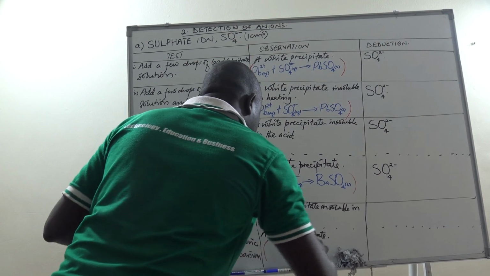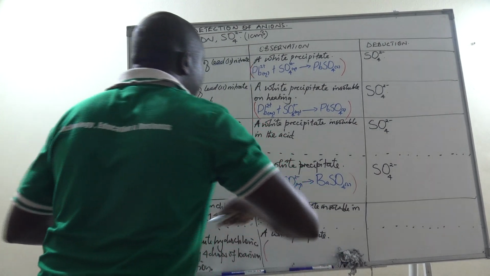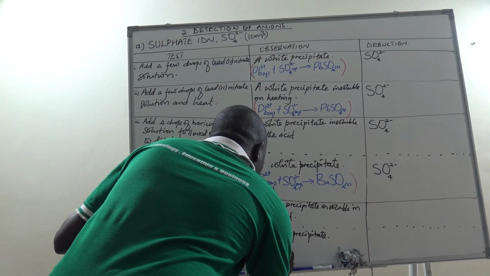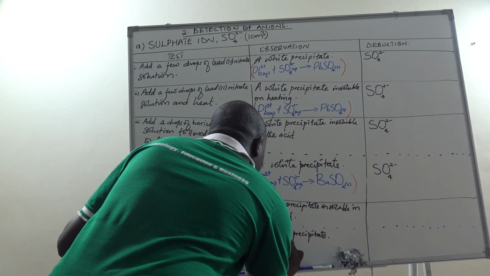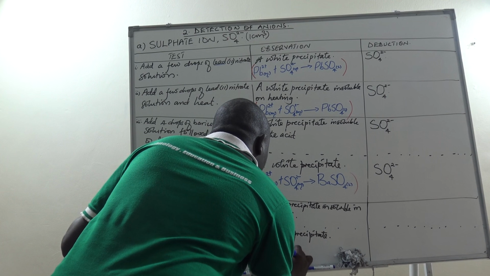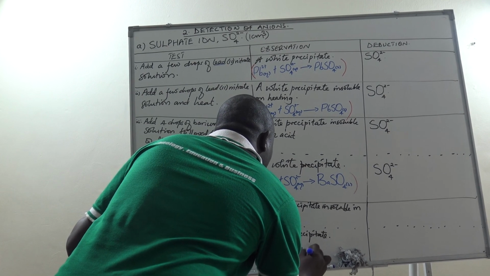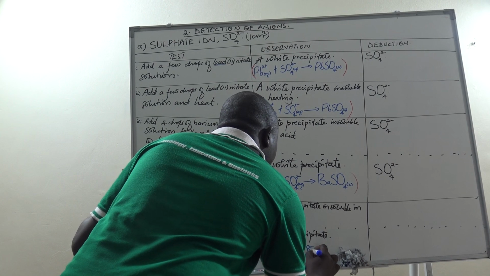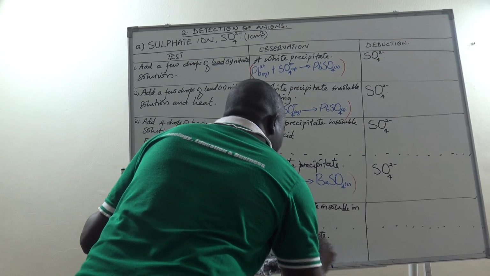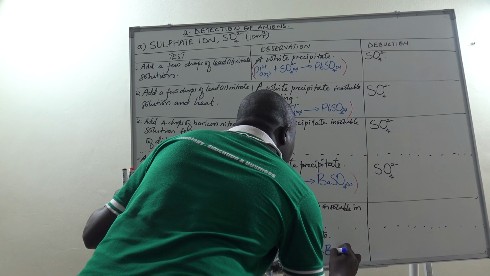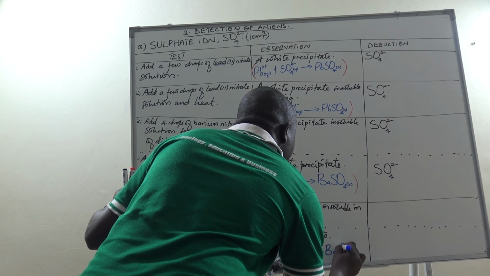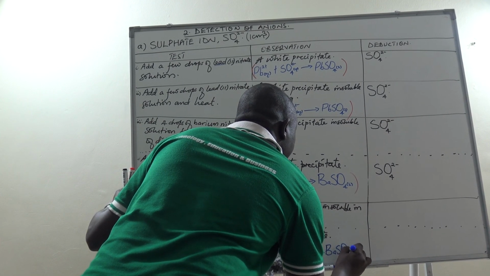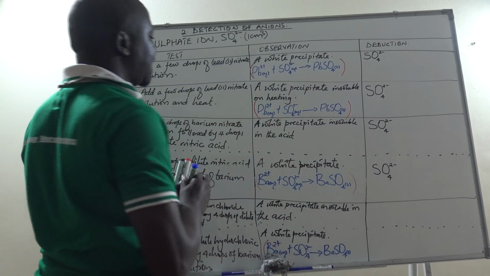and the reaction equation is the barium salt containing the barium ion will provide that barium ion in solution that combines with the sulfate ion, and we get a precipitate of barium sulfate. So we can see that they are the same.